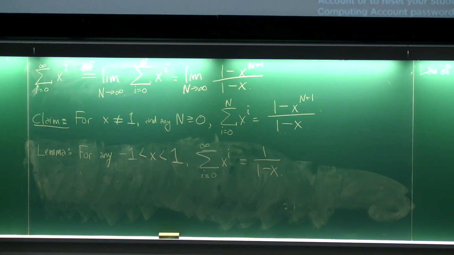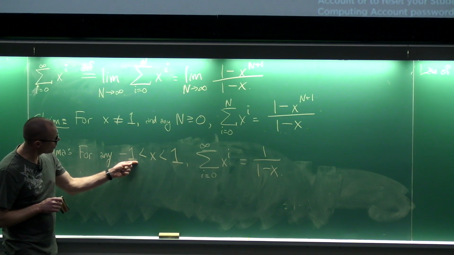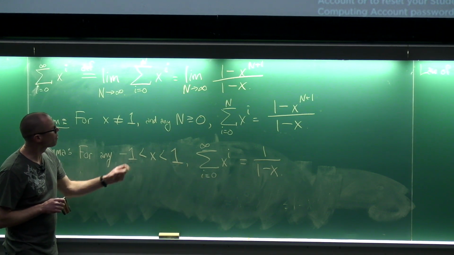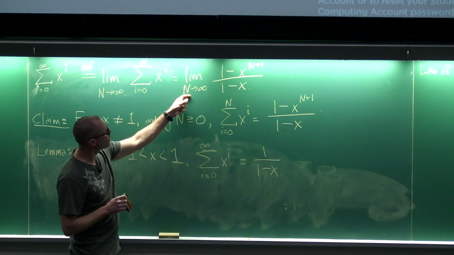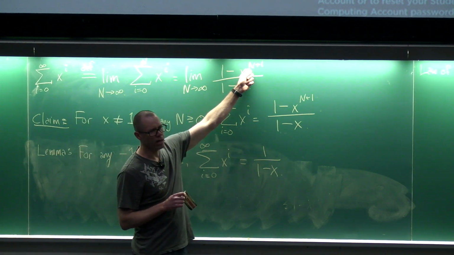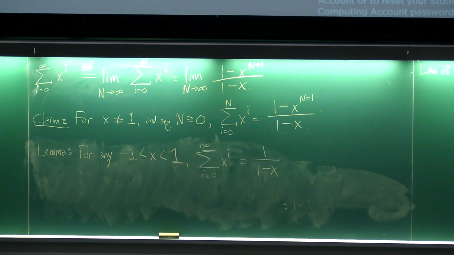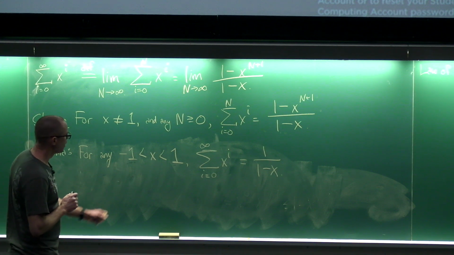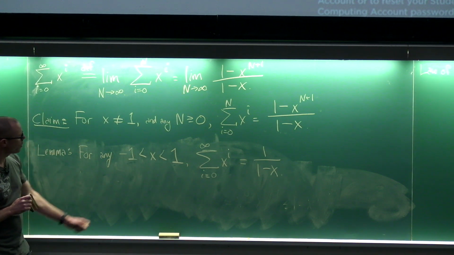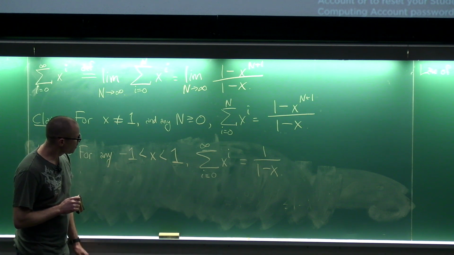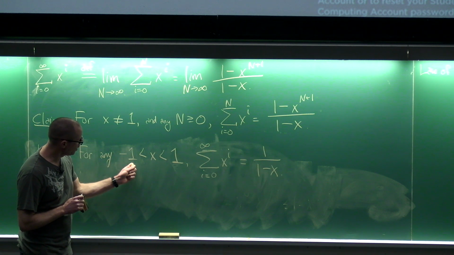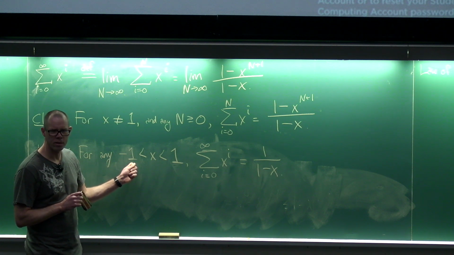Now, if x is strictly between minus 1 and 1, and n gets really big, what happens to x to the n? Does it get really big? No. If x is between minus 1 and 1, then x to the n is getting smaller as n gets bigger, right?